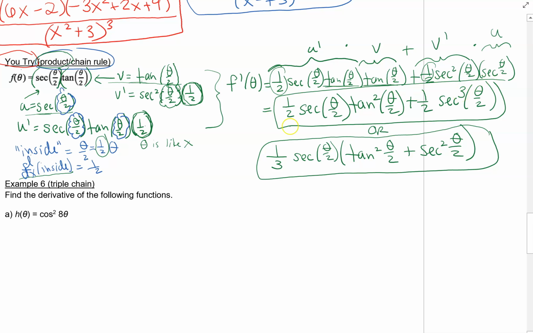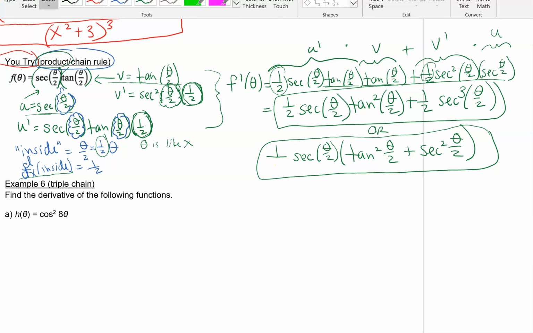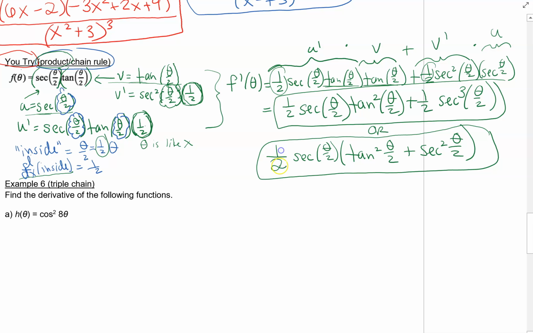So you can leave your answer like that, or if you want, you can factor out the 1/2. Sorry, it looks like I wrote 1/3. It should be 1/2. You could factor out a 1/2 and a common factor of secant, because both terms have a common factor of secant. And then you could have tan squared plus secant squared on the inside. So you can leave your answer like that as well.